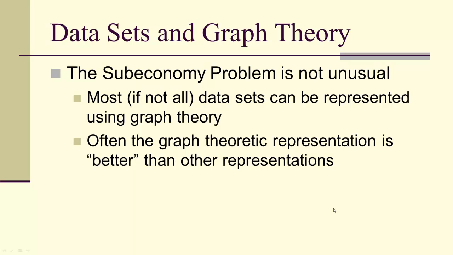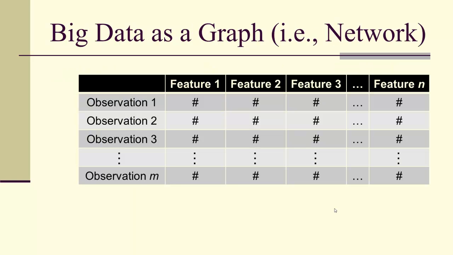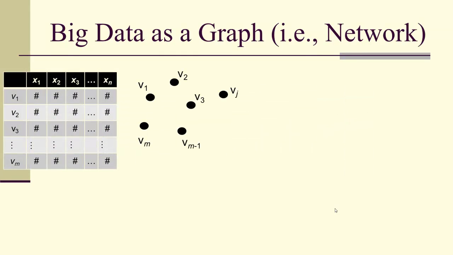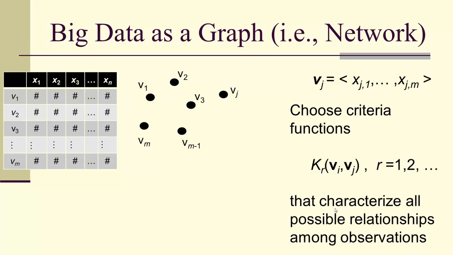Also, it's not unusual to use graph theory to represent data sets. And often graph theory is better than other things. In general, however, we use more than one criteria function. So notice we're going back. Here's big data as a graph. And our vertices, the observations. Now we choose criteria functions. Not just one, but several.